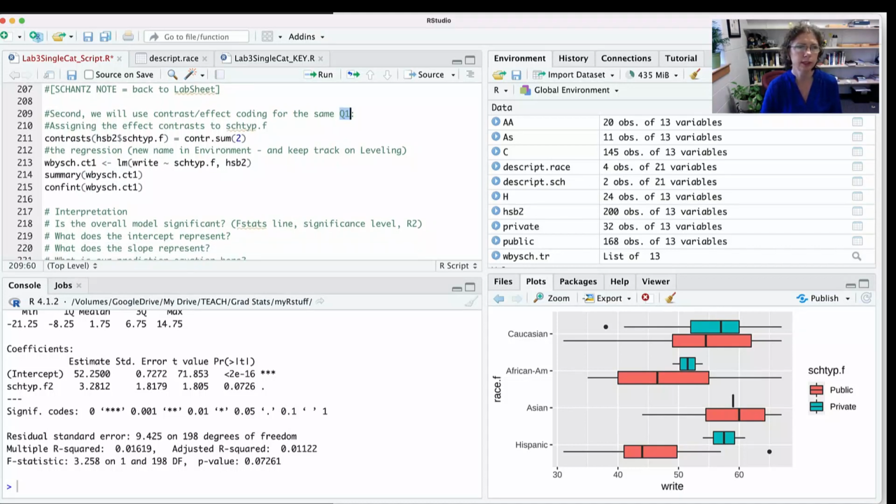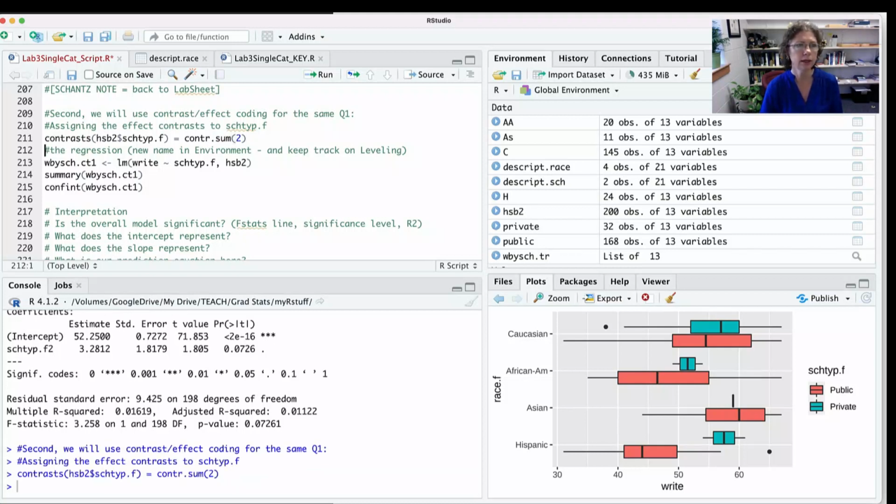So first we need to assign the effect contrast type to the school type variable. We're telling RStudio to apply contrast to this variable, and use the type called contrast.sum, and there's 2 levels. So running that. Now we're ready to run another regression, but give it a new name in the environment so you can keep track.